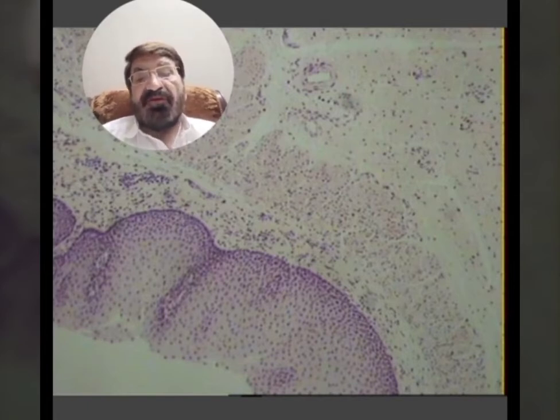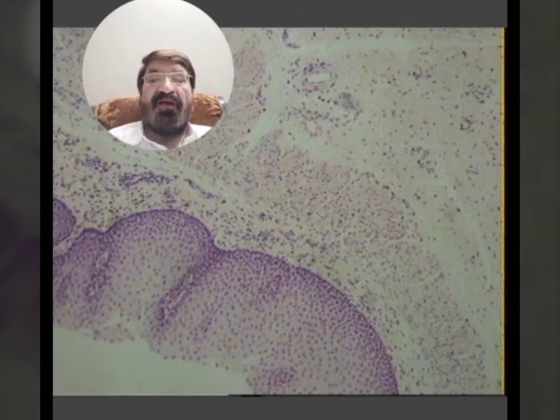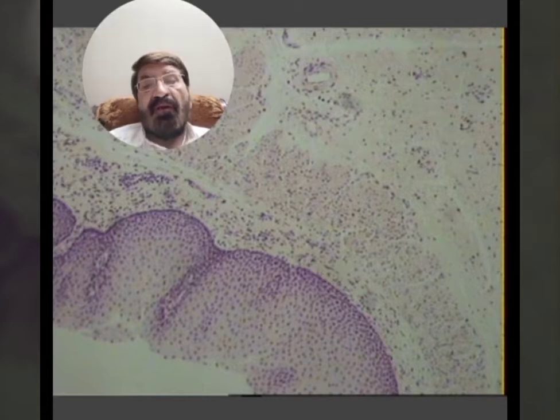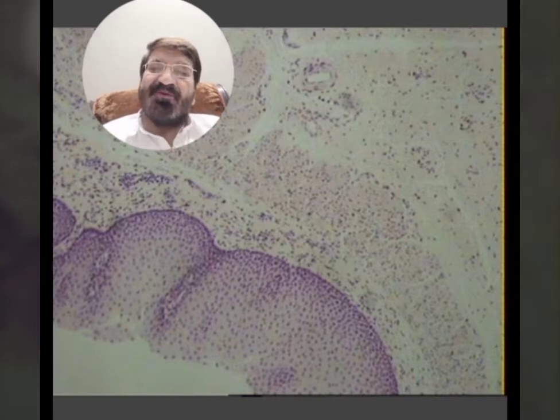The stratified squamous non-keratinized epithelium lining the esophagus, and just beneath the epithelium, so can you see, this is the epithelium, many layers of cells. The basal layer consisting of the columnar cells, then there are several layers of polyhedral cells, and in the superficial layer there are squamous cells which are nucleated.